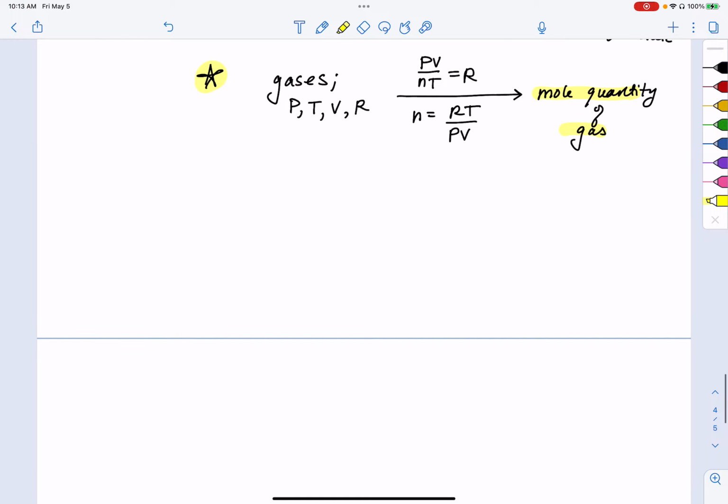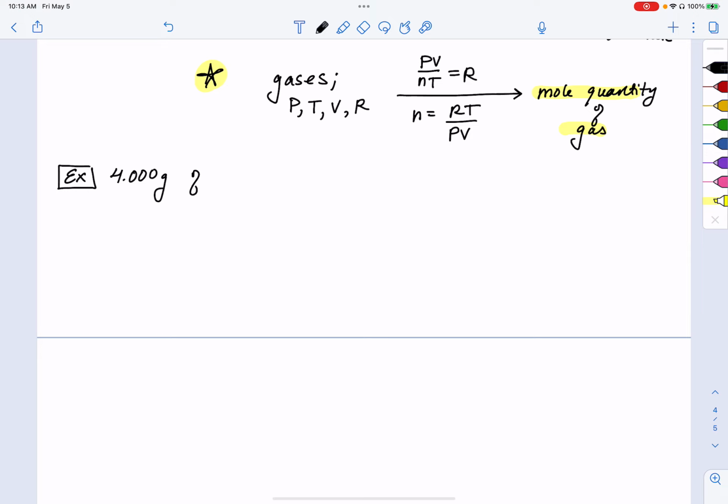So let's do one quick little example. Let's say that we've got 4.000 grams of H2O2 that is placed in a sealed 250 milliliter container at 500 Kelvin.